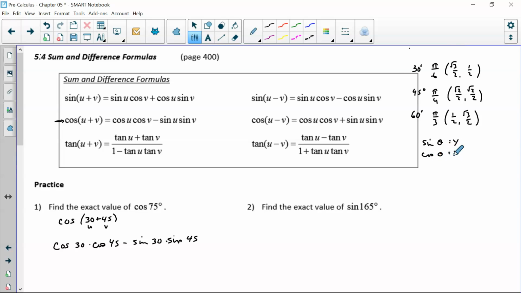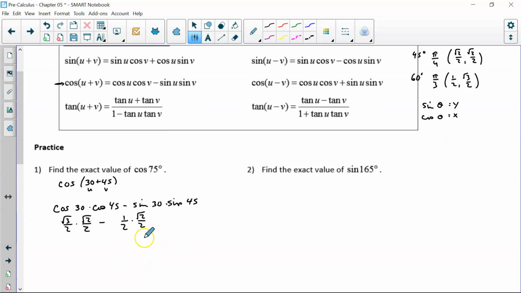So the cosine of 30 is root 3 over 2. The cosine of 45 is root 2 over 2, minus the sine of 30, that is 1/2 times the sine of 45, which is root 2 over 2.